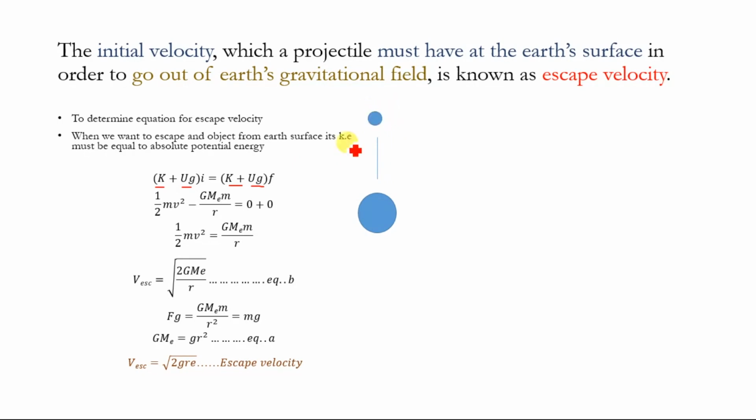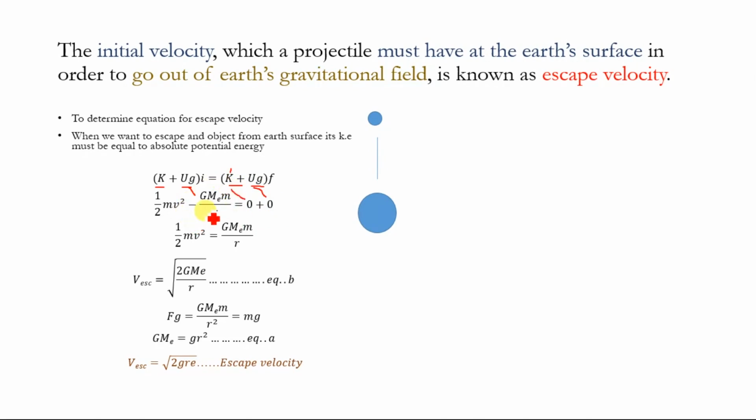At that point, the kinetic energy of the object will become zero and the potential energy of the object at that point will be equal to zero, because the Earth's gravitational field will no longer affect that object. This is the term for the absolute potential energy and this is the term for kinetic energy. The final kinetic energy and absolute potential energy will become equal to zero.